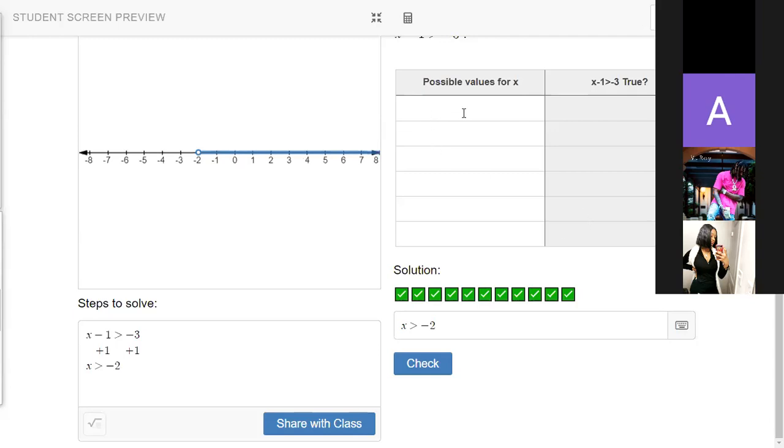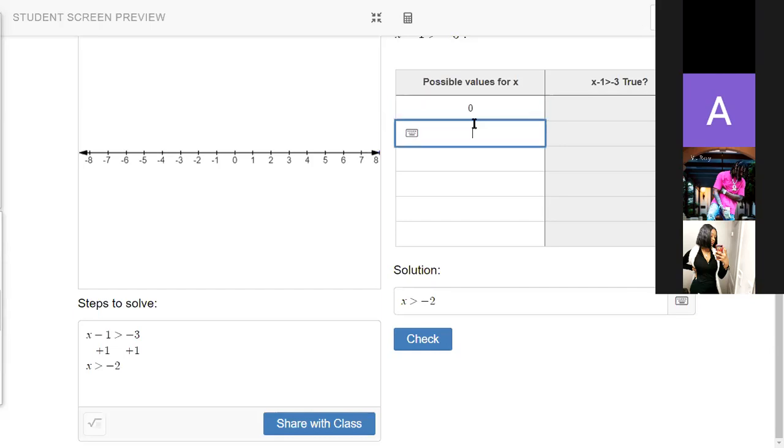All right, Jaden, what's a number that's greater than -2? All right, any positive number?